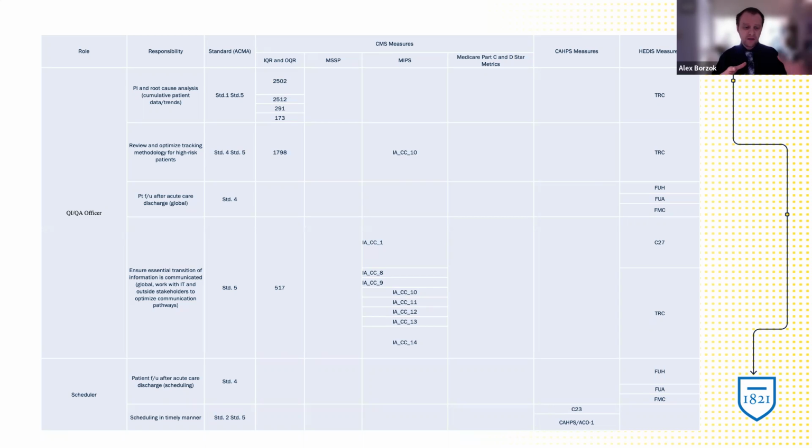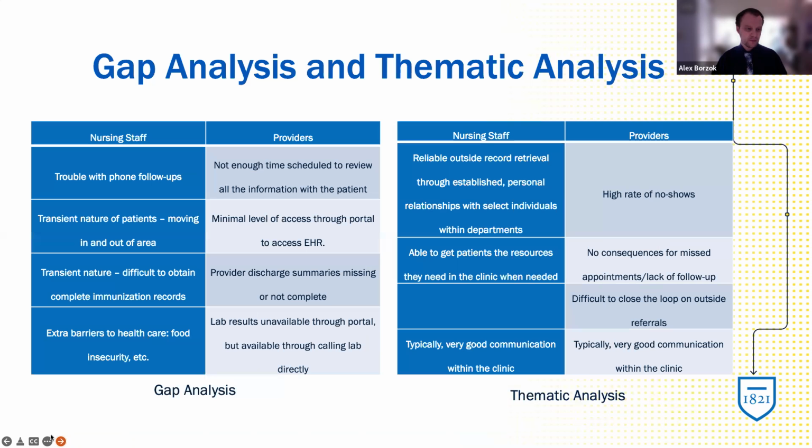But going back again to our fishbone diagram that we saw at the beginning of this presentation, this is only a small chunk of what we need to address with developing this project and creating this into its own evidence-based practice standard. In order to do that, we need to take some time and look at the gaps and themes that are already present in the current clinic practice.